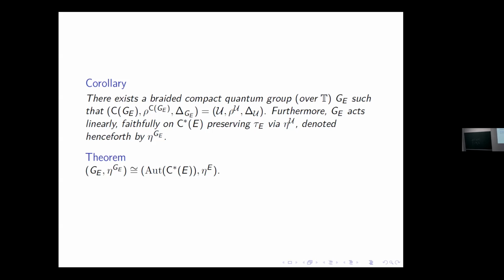Furthermore, it turns out that G acts linearly, faithfully, tau-preservingly on the graph C-star algebra, so that (G_E, eta_E) becomes an object of the desired category, and the theorem is it is precisely the automorphism group so defined of the graph C-star algebra. So that settles the existence.